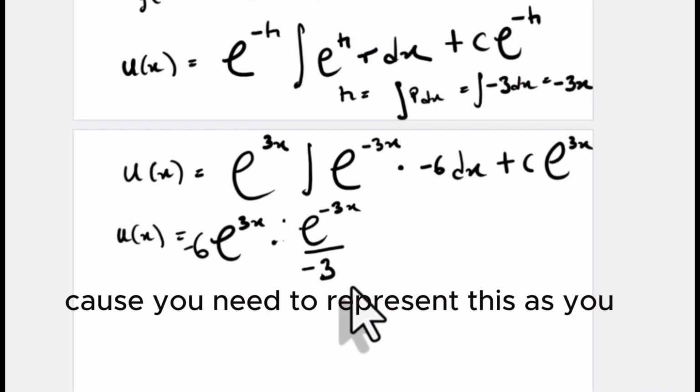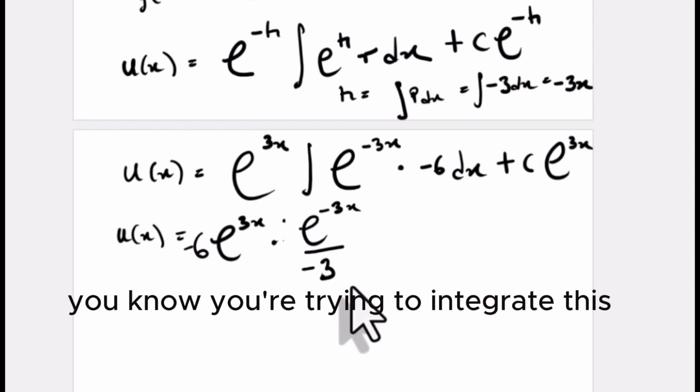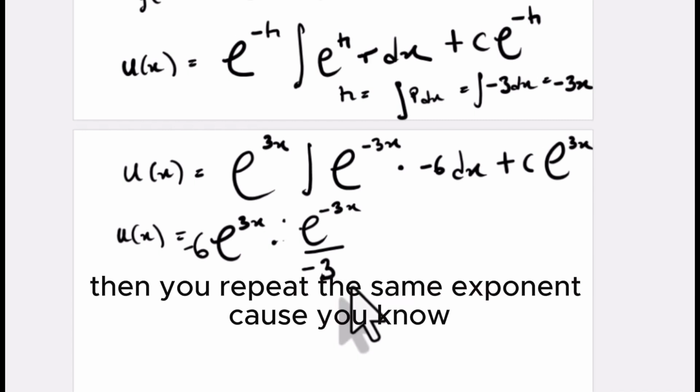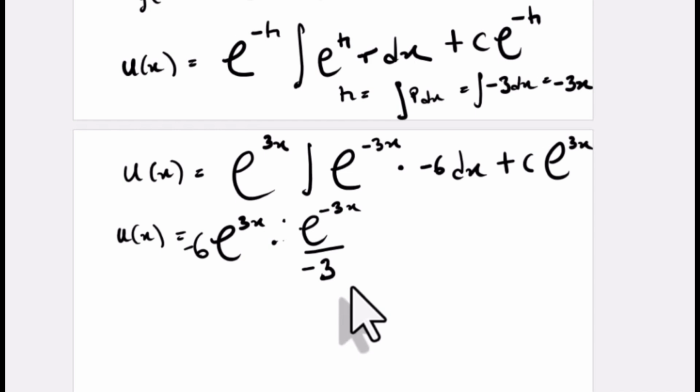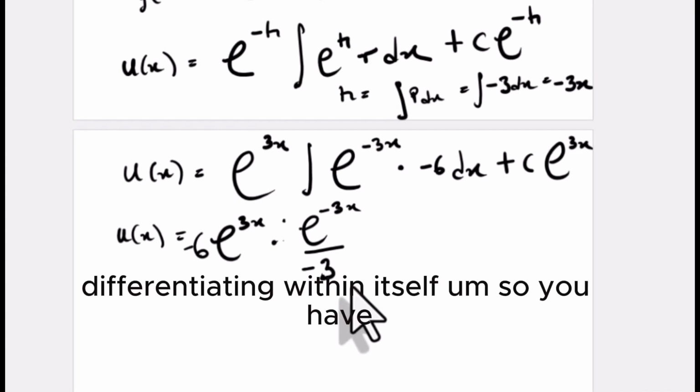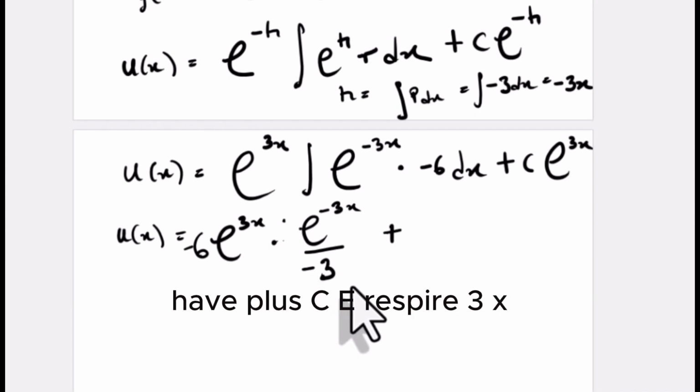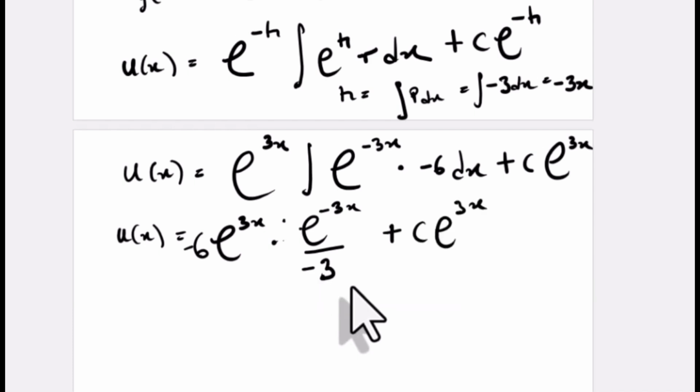Because as you're trying to integrate this, it will come as a denominator, 1 over minus 3, then you repeat the same exponent because you're differentiating within itself. So you've been able to integrate this, and you have plus c e raised to power 3x.